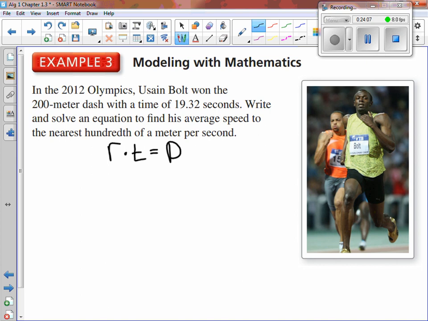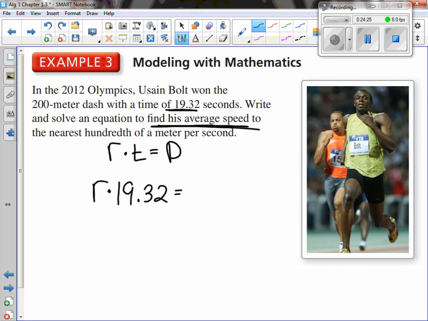Our rate, well, that's what they want to know. We want to find the average speed, their rate. But they told us the time was 19.32 seconds, so we'll plug that in. So we don't know r, but we know that t is 19.32 seconds. And he went 200 meters.